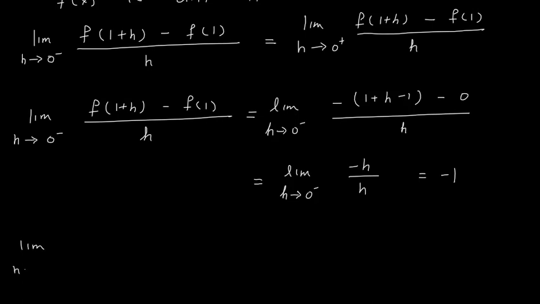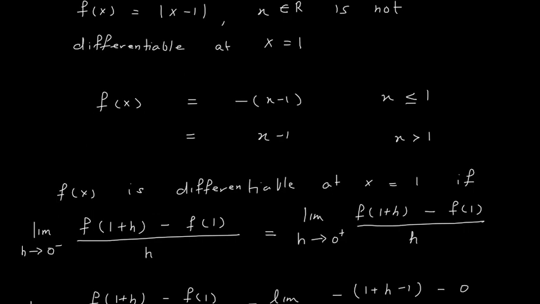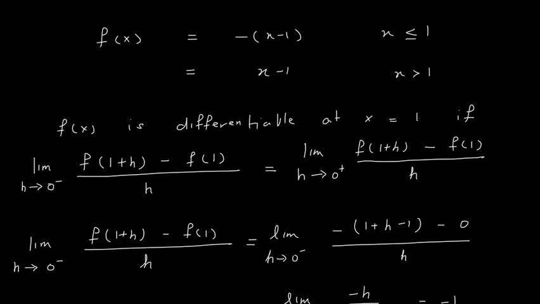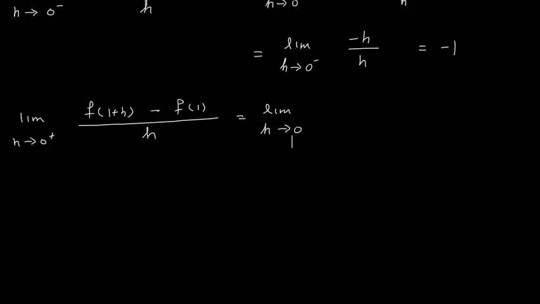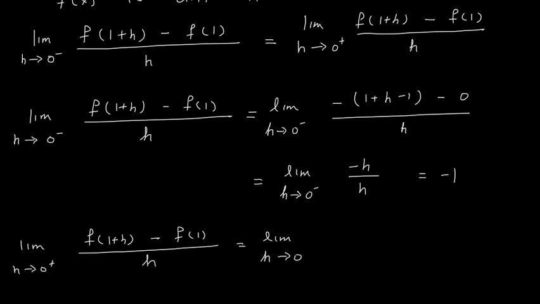And limit h tends to 0 plus of [f(1 + h) - f(1)] / h. So here, for f(1 + h), we will see the value of h is slightly more than 0, so the value of f(1 + h) will be more than f(1). So I will take x - 1 and replace that x with 1 + h.